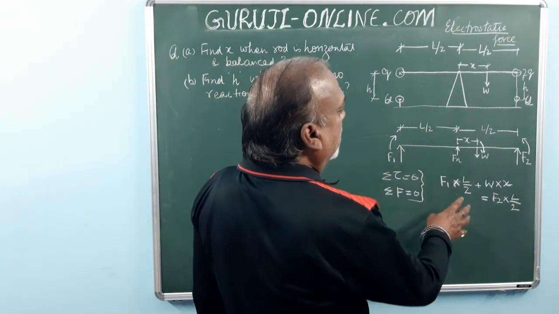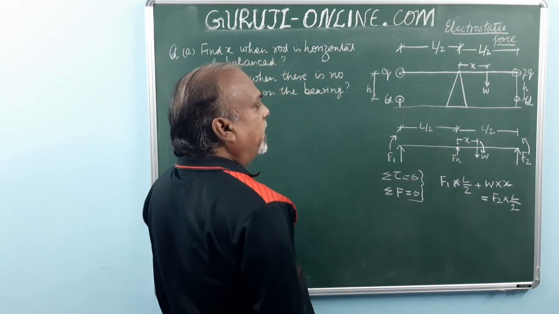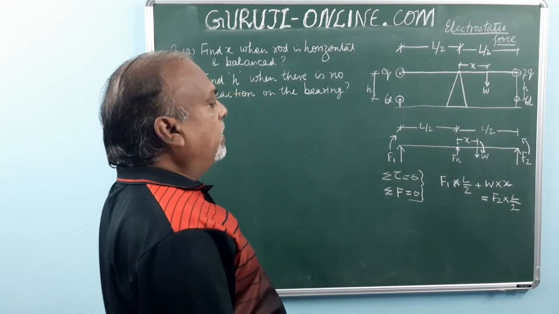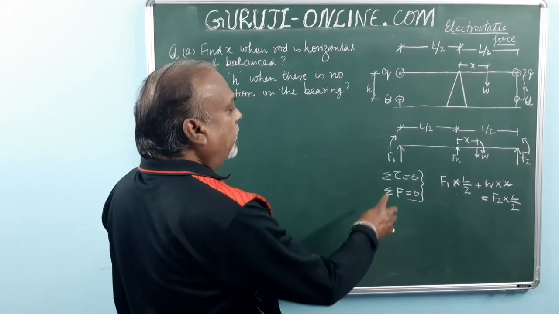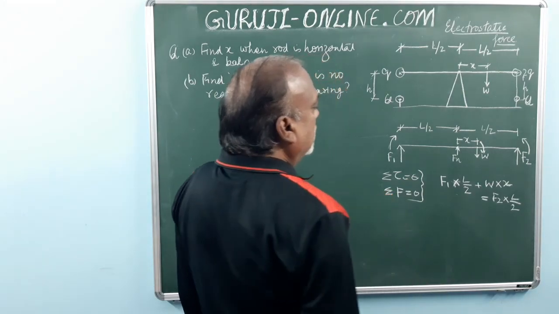Clockwise moment must be equal to anti-clockwise moment, and this will give you torque as 0.